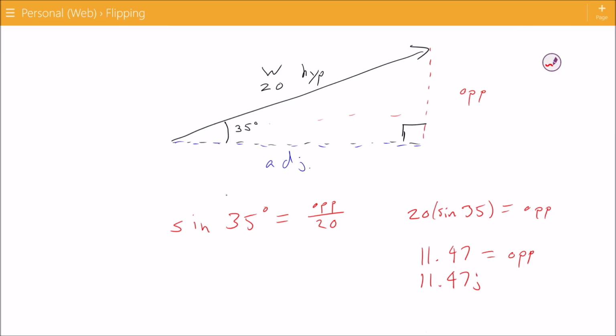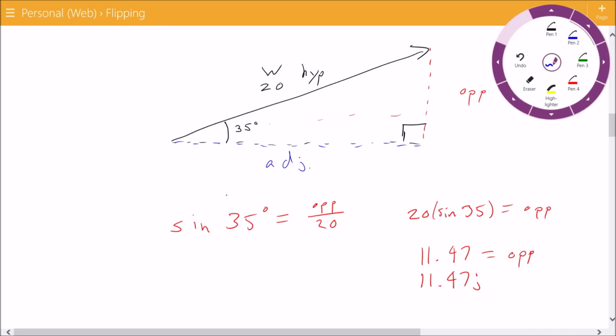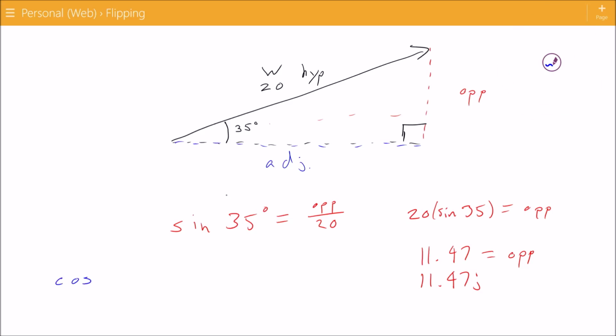And for the horizontal, I can do the same thing. The cosine of 35 is equal to the adjacent over 20. Therefore, 20 times cosine of 35 is equal to the adjacent.